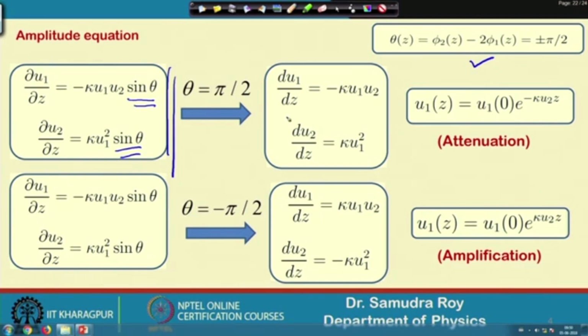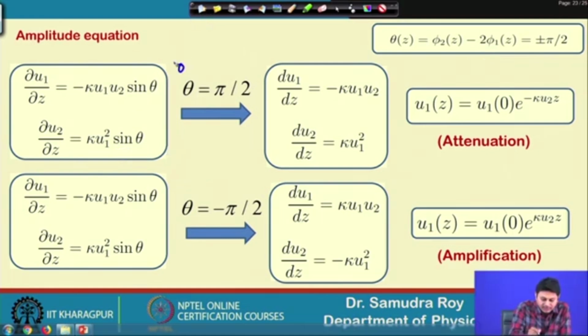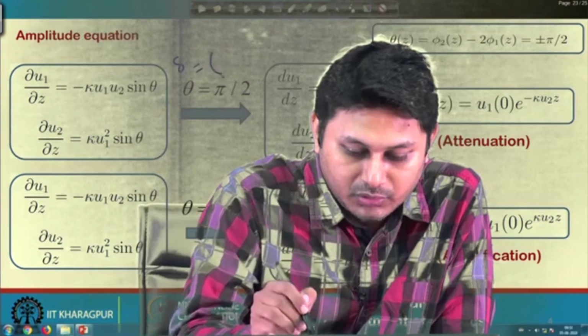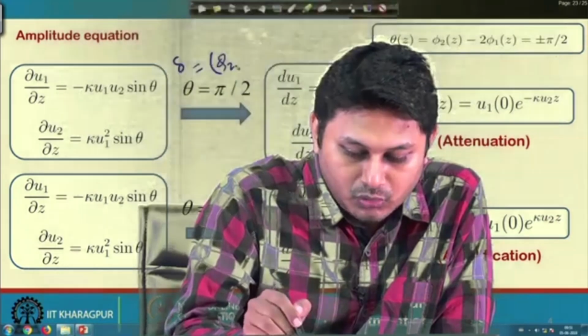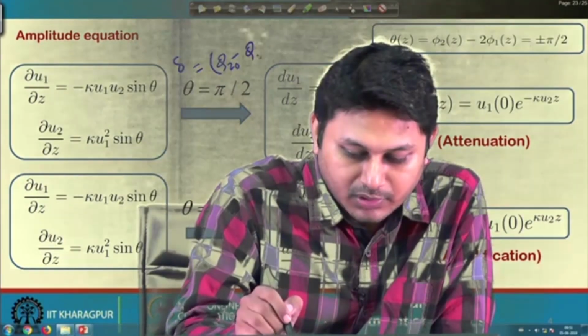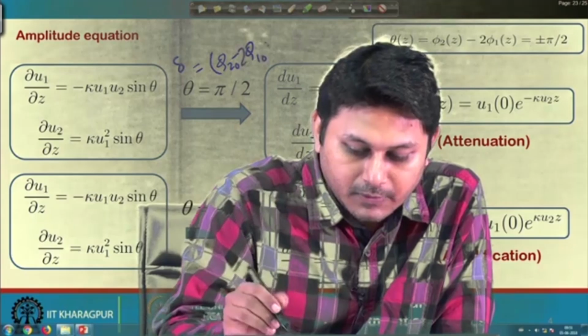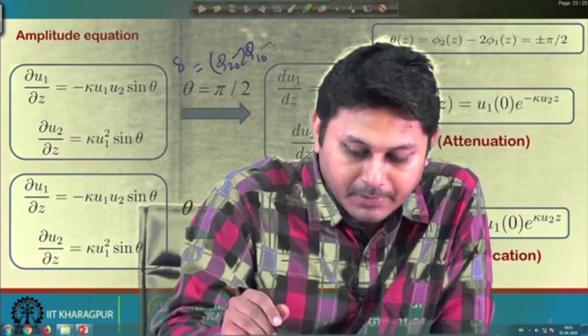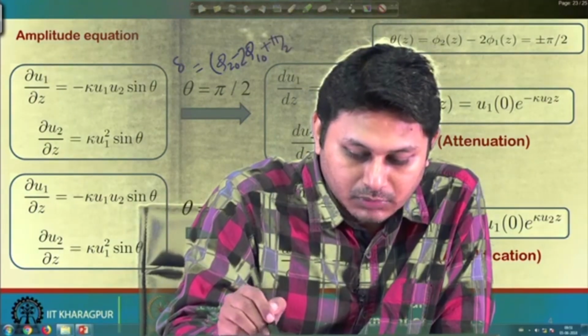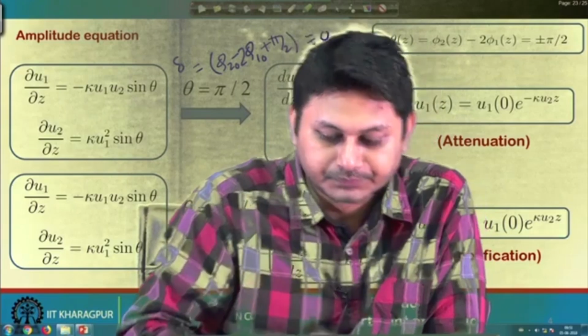So, now if I put delta equal to pi by 2, let me first write in terms of delta what we had in the previous. Delta was equal to phi 2 0 minus 2 phi 1 0, plus pi by 2, equal to 0.